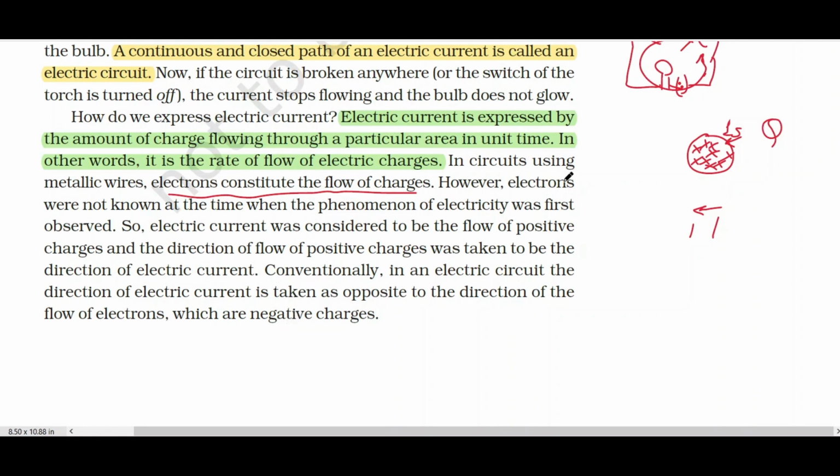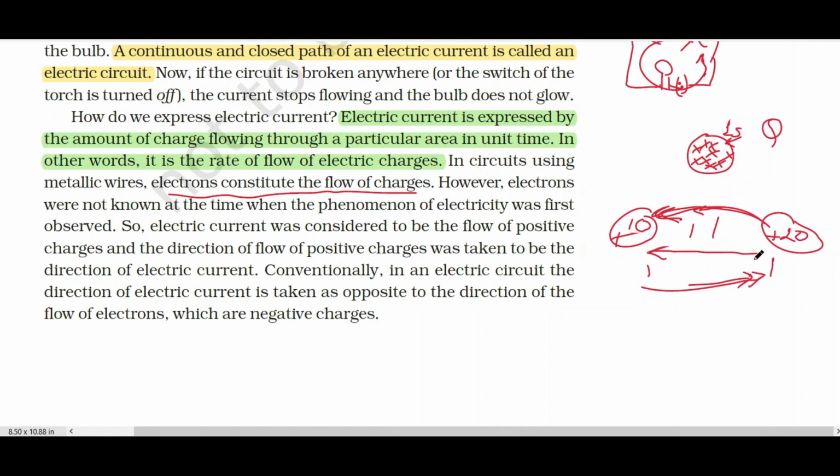So what happened initially was that you have two terminals, or let's say two ends, and suppose current is flowing in this direction. Okay. So we saw that, suppose here the charge is +20 and here the charge is +10. We saw that current was flowing from here to here. So we assumed that where there is more positive charge and where there is lesser positive charge, current flows from higher charge to lower charge, and we assumed that because the positive charge flows from here to here. But actually, negative charge was flowing from here to here, and that flow of charge, which was electrons, resulted in the flow of current.